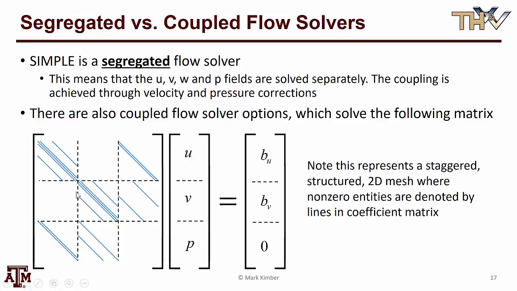So this is what it would look like, this banded sub-matrix and matrices in this larger matrix. And this is what it would look like if we had a 2D mesh, staggered structured grid. So the coupled flow solver is basically just solving this matrix as a single entity. It's not calculating these things separately and then substituting the updated values into the next one, etc., like we just discussed with the SIMPLE.